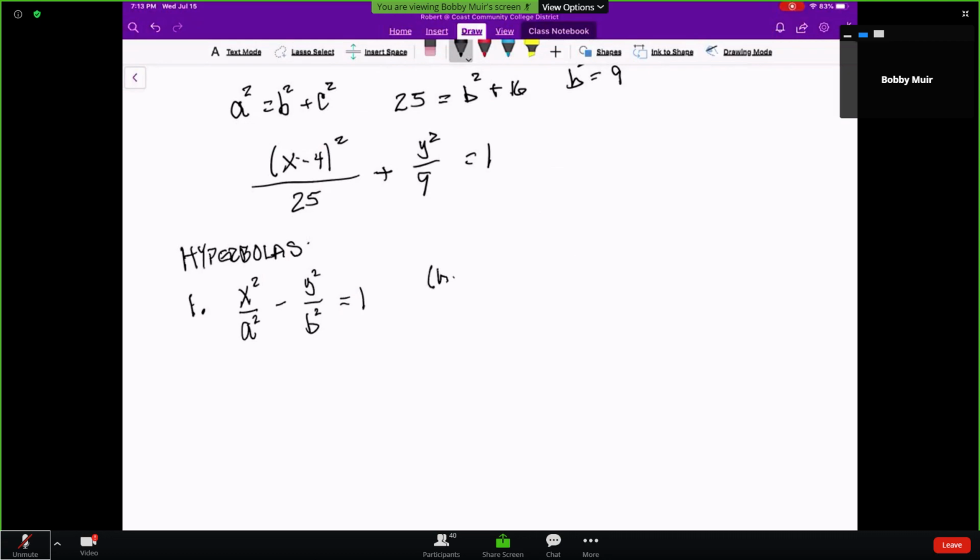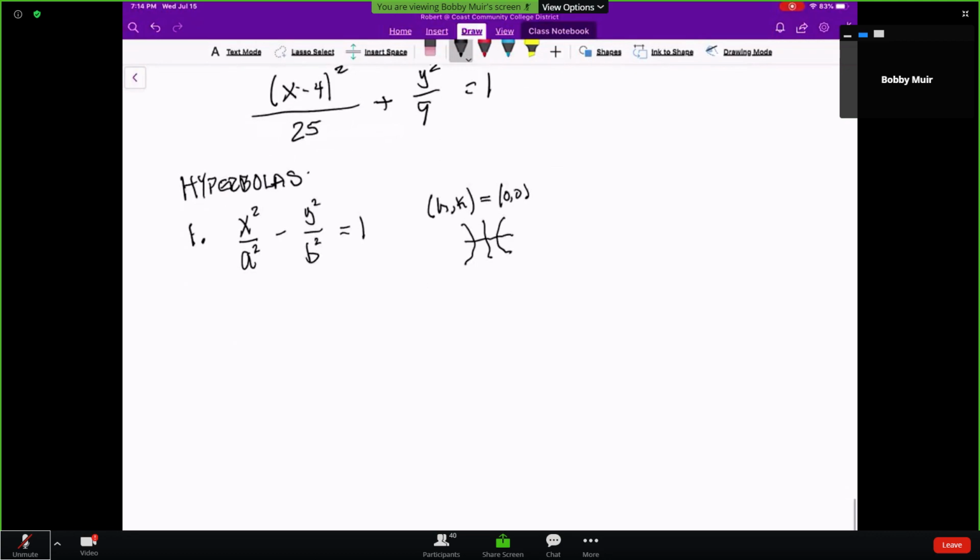The center right now is 0, 0. Now notice when x is 0, y would be imaginary, right? So that's how you know it doesn't cross the y-axis. So what we've got here is a sideways opening hyperbola that's going like that.